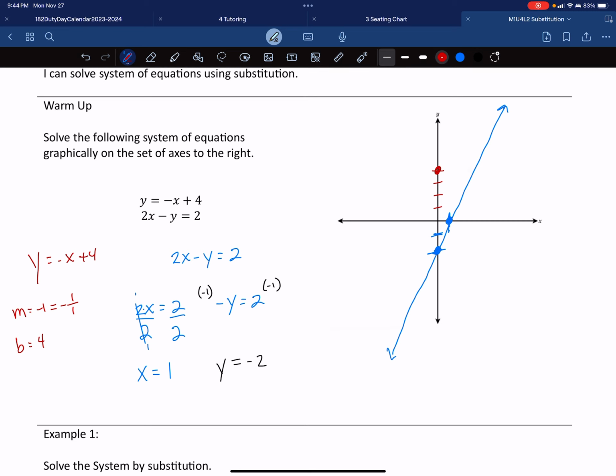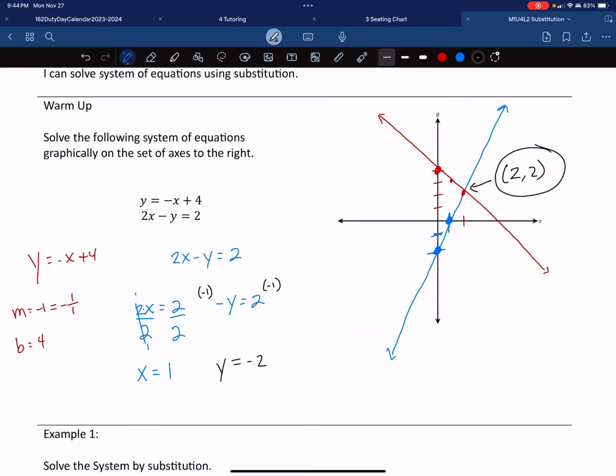So that means I'm going to go down 1 and to the right 1, down 1 and to the right 1. So I'll graph this line really quick. The point where they cross is going to be the point 2, 2. Okay? All right, so that's our warm-up.